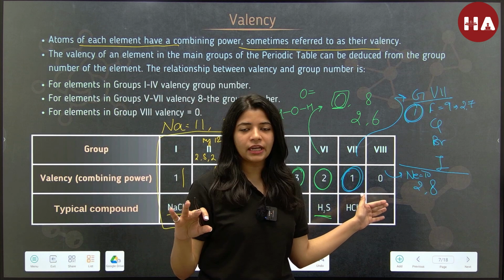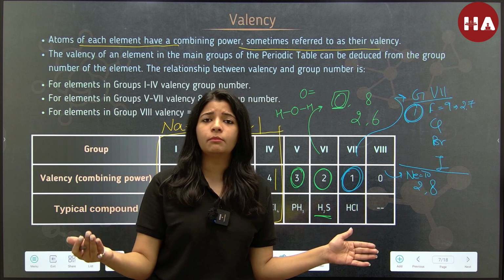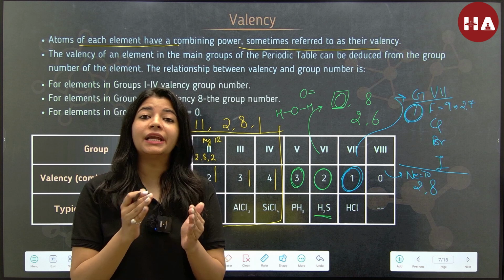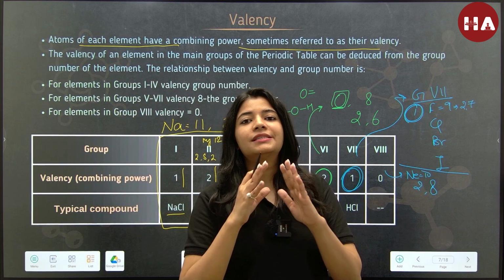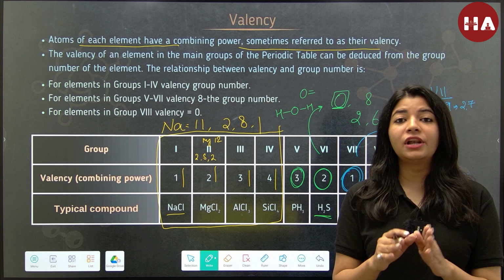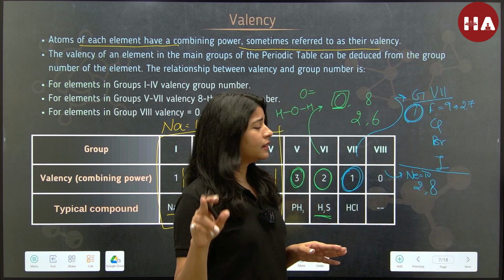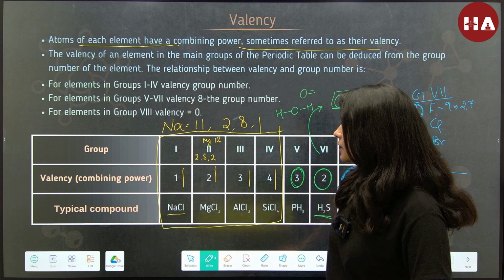It does not need to give or accept electrons or combine with any other atom to complete its octet. It has a completely filled outermost shell. Hence, it does not react easily, and therefore the valency is 0. Okay, I hope this is clear.